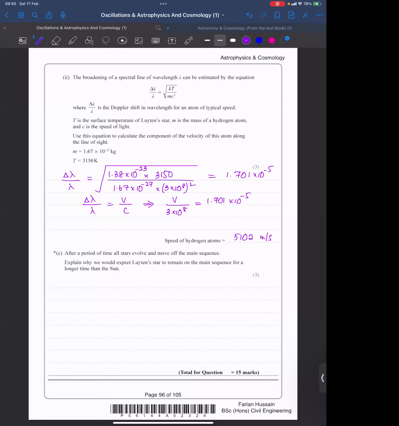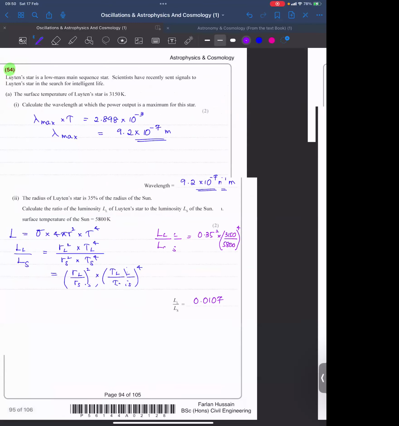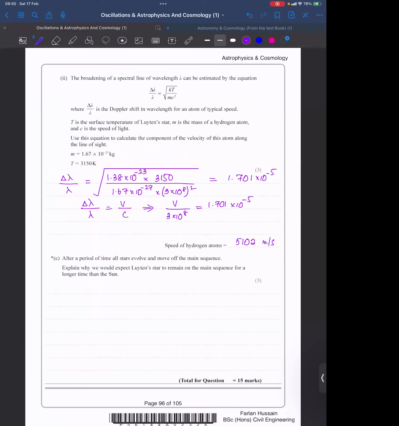Smaller gravitational force. Based on what are you telling? What is the mass? So based on the calculations that we did so far, can you lead to that conclusion?